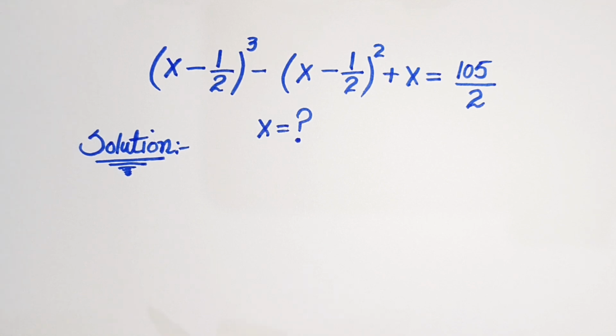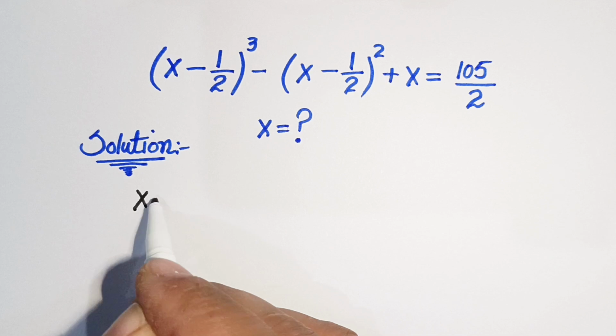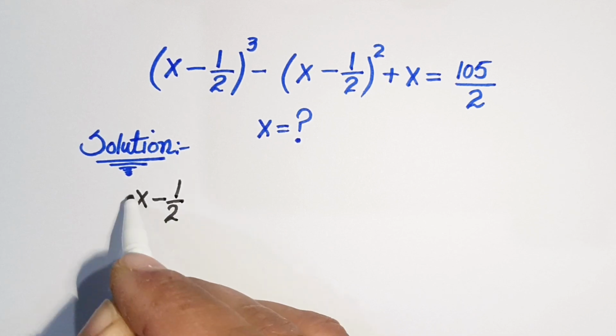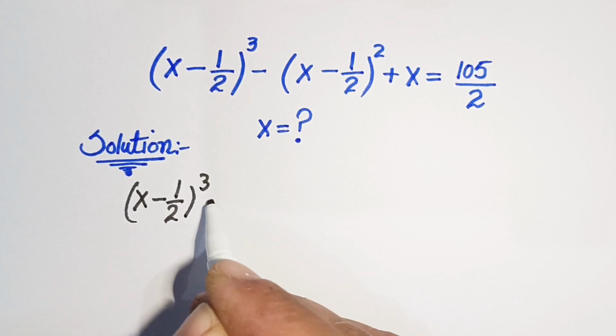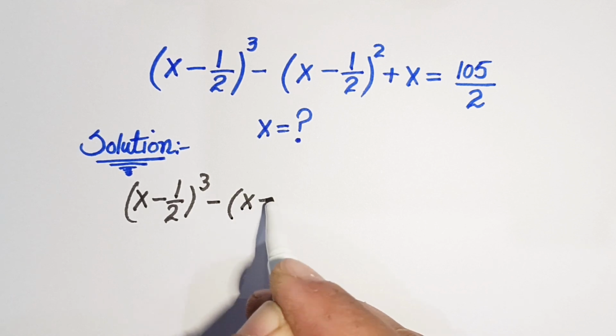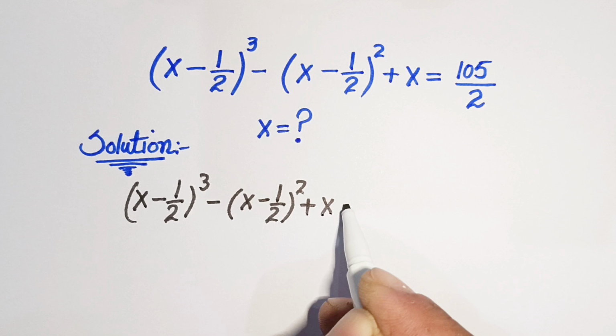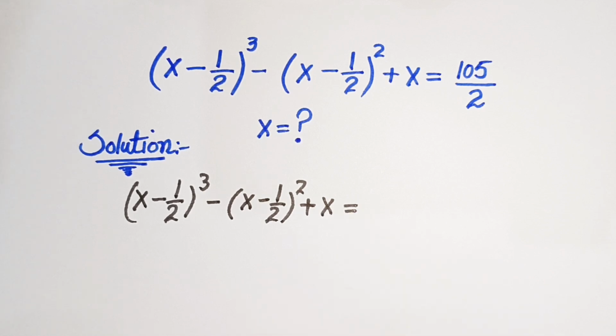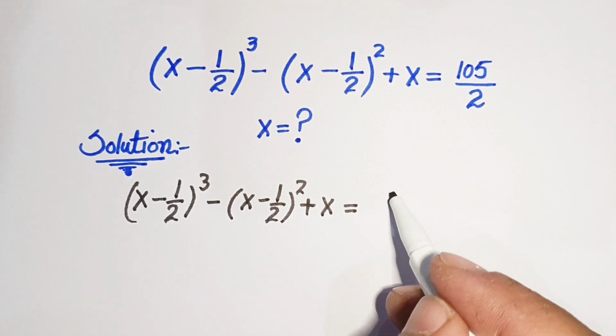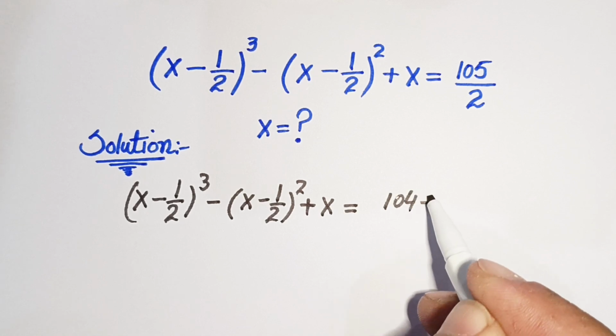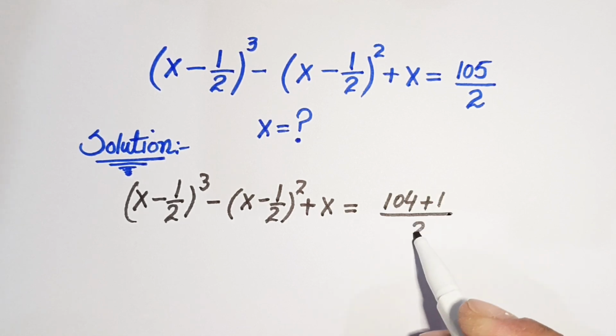Let's start our solution: ((x − 1)/2)^3 − ((x − 1)/2)^2 + x is equal to, first of all we just write this 105 like 104 plus 1 over 2.